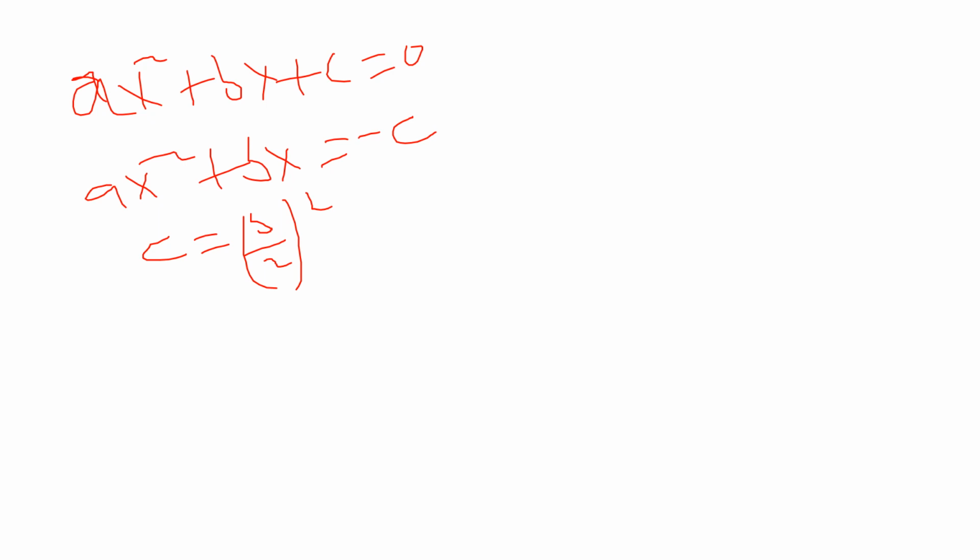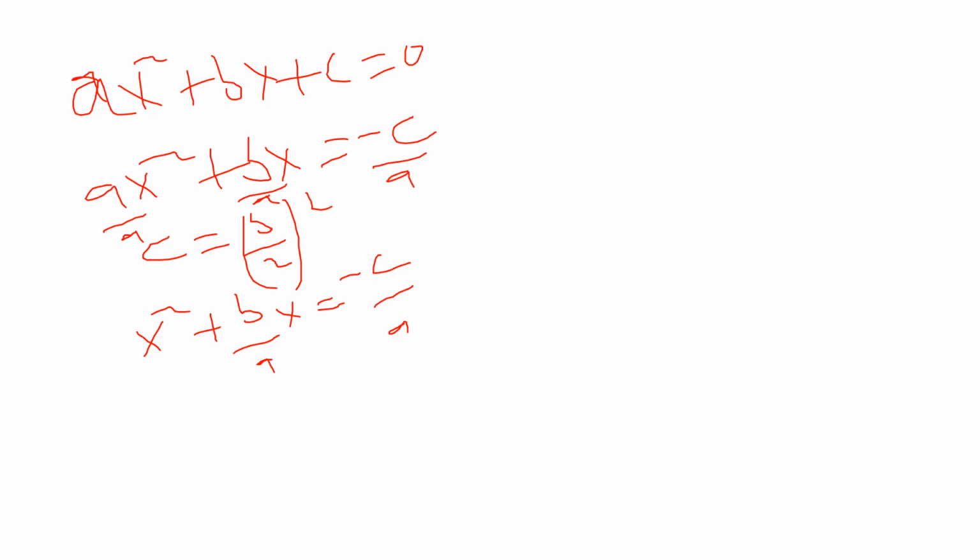So meaning that we can divide all through by a. So we are going to have x squared plus b all over a x is equal to negative c divided by a.